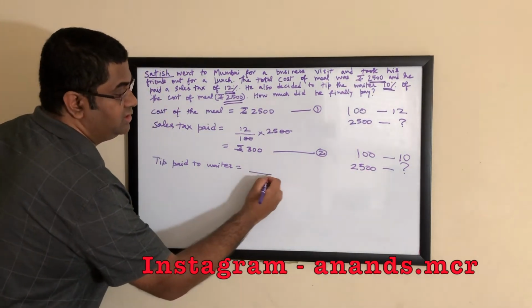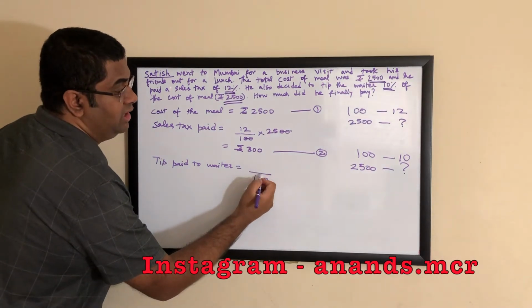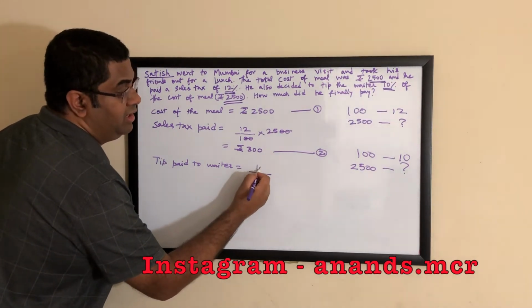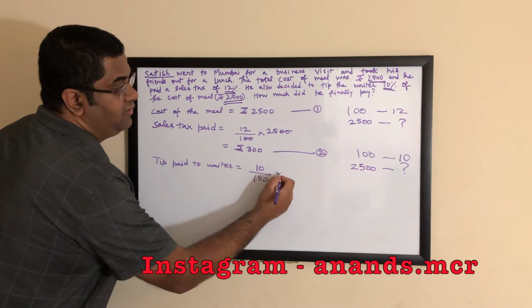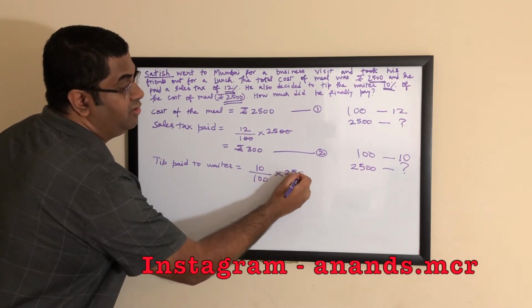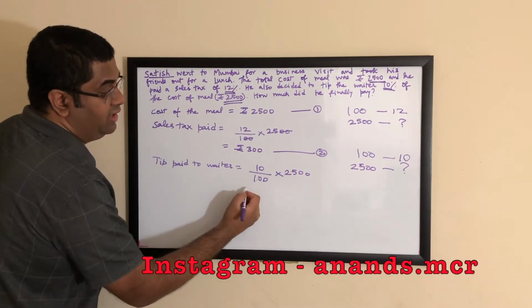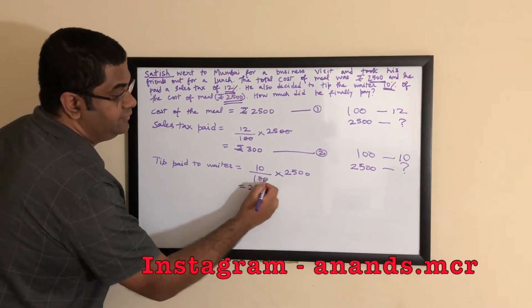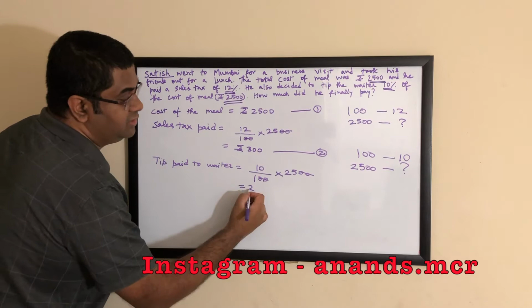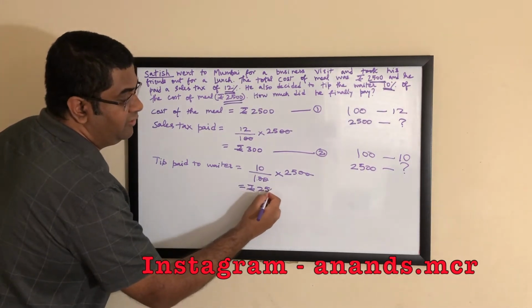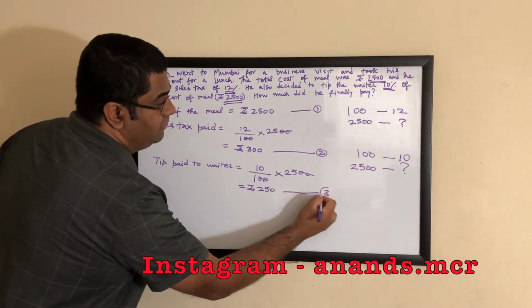That is 10 by 100 times 2,500, which yields 25 times 10, which is 250 rupees. So this is step number 3.